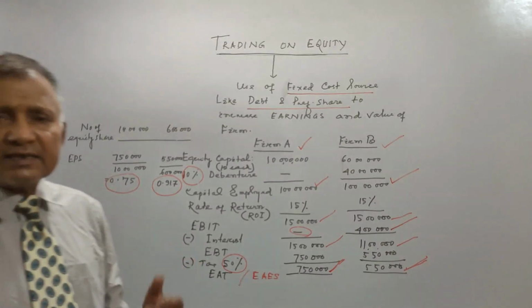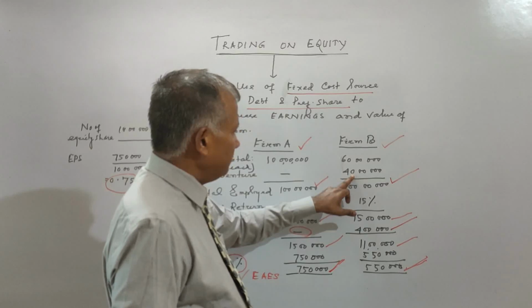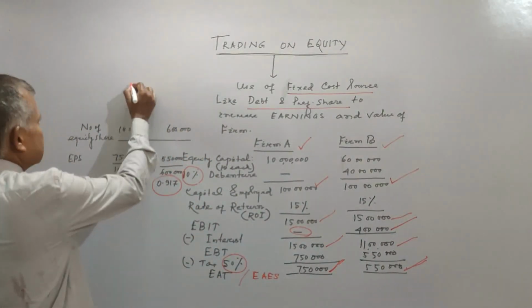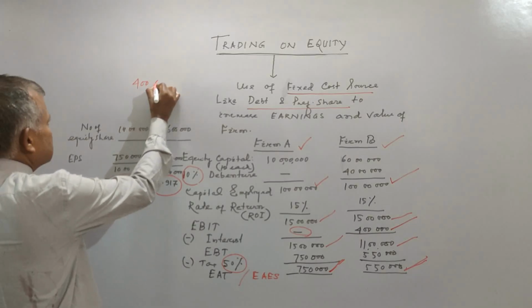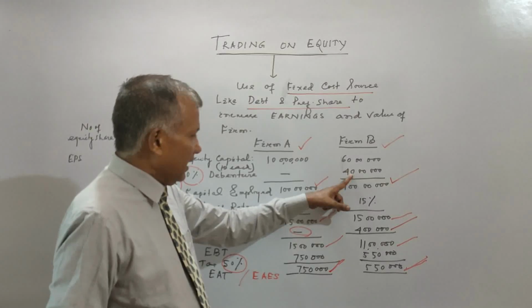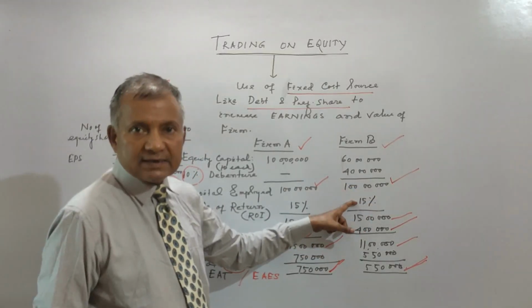The reason is very simple. The firm borrowed capital of 40 lakhs. How much does it pay as interest? It pays interest of 4 lakh. On this 40 lakh, it gets a return of 15%.